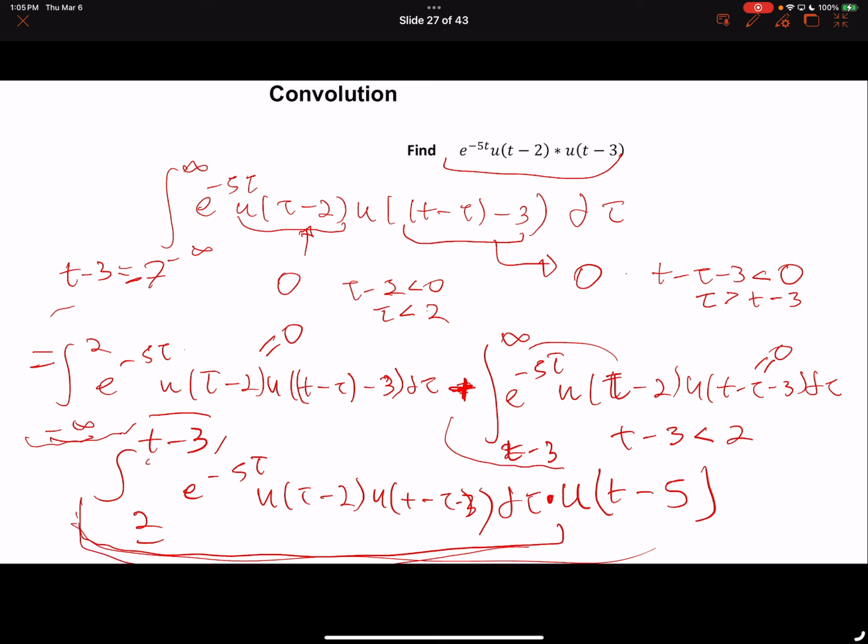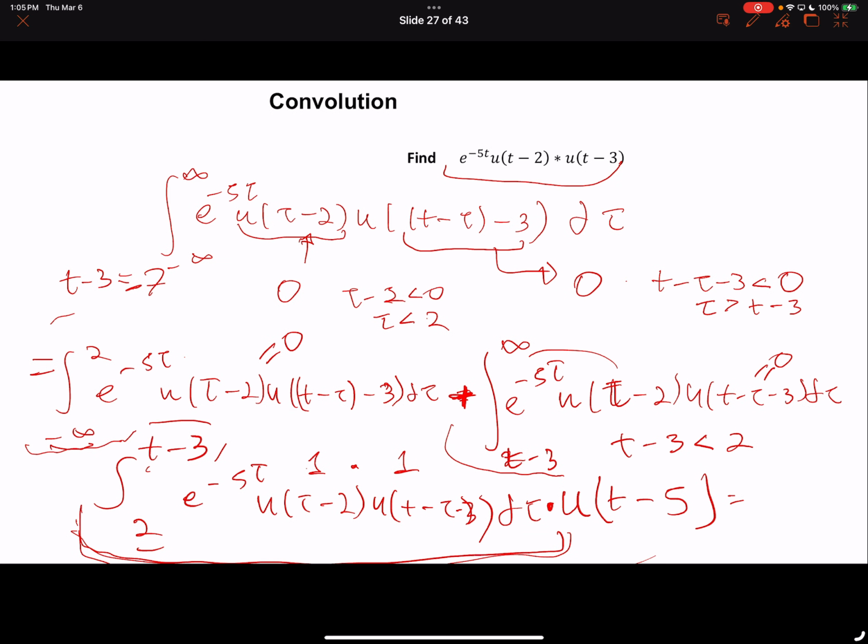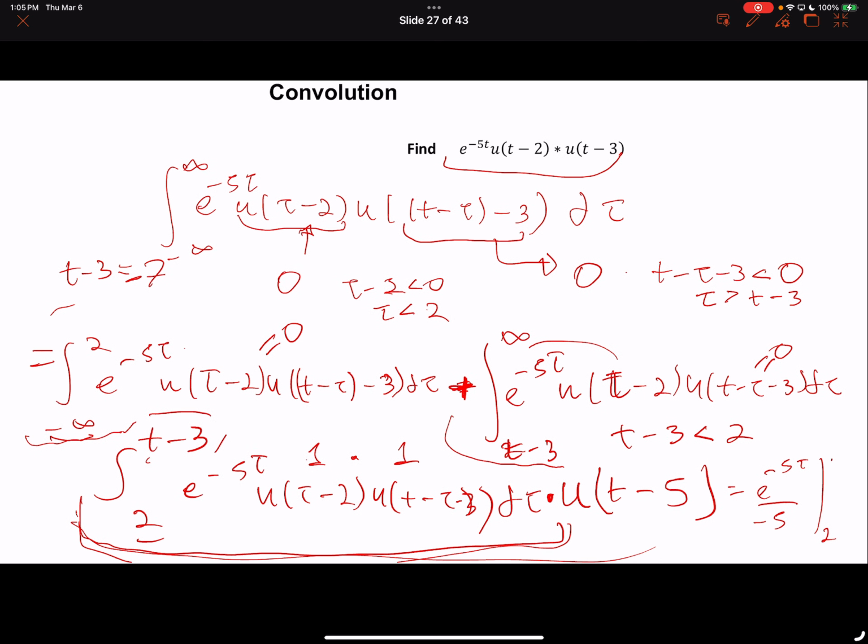We're left with this integral where it's just e to the negative 5 tau times 1 times 1. And our final solution will actually just be e to the negative 5 tau over negative 5, from 2 to t minus 3, times u of t minus 5. That's it. Does this make sense to everyone?